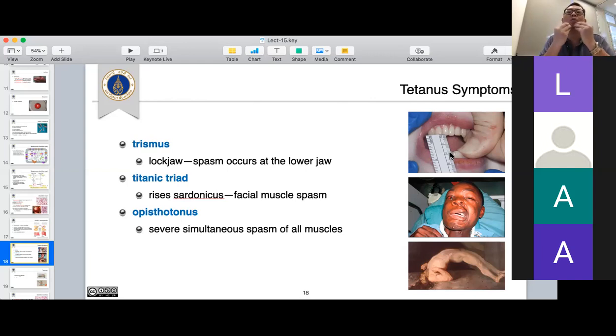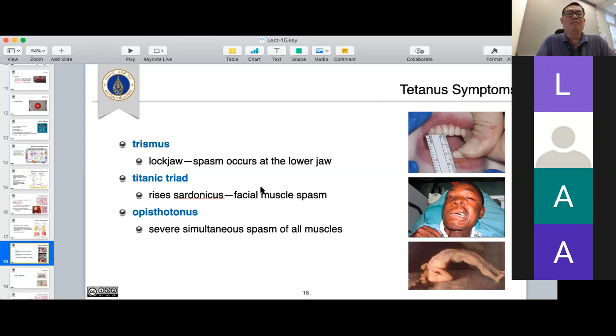You cannot move your lower jaw, cannot chew, and the top and the lower part of the jaw spasm a lot, and in some severe cases they damage the teeth. The second is risus sardonicus, where the toxin acts on many muscles of the face, or maybe some part of the body, but mostly on the face.